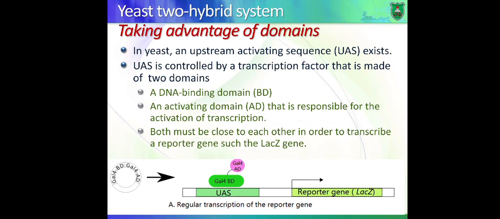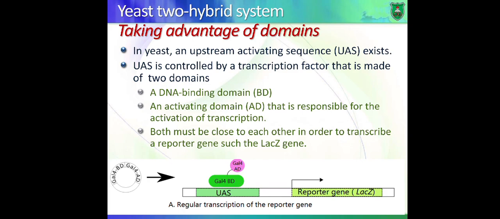So the yeast two-hybrid system is based on a genetic system that is activated by an element known as an upstream activating sequence. Okay, so this upstream activating sequence binds to a protein known as GAL4. Okay, right here. So this is GAL4.